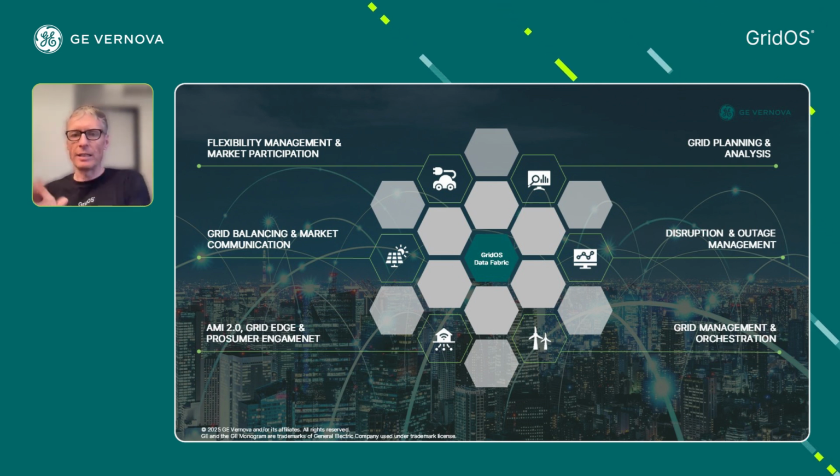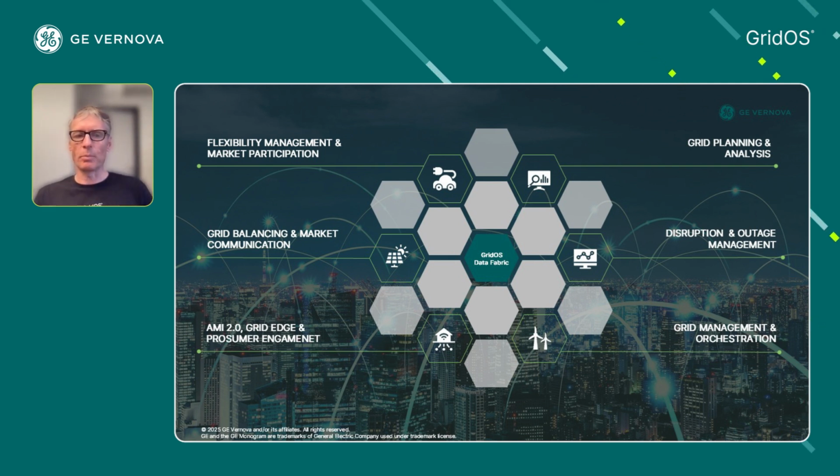The fourth area where we see clients implementing the platform is related to what some people would call AMI 2.0, or what some people would call prosumer engagement, meaning use cases where you as a distribution service operator might want to let the consumers or your clients be part of the energy transition.